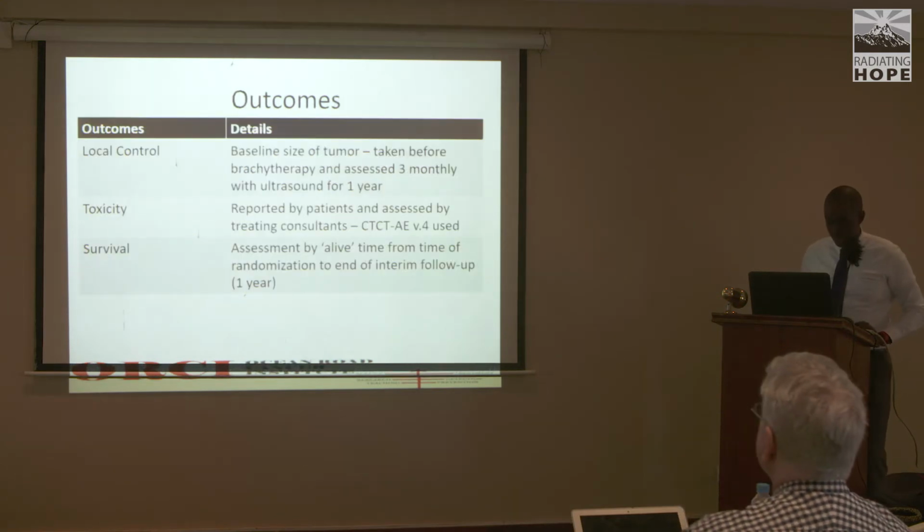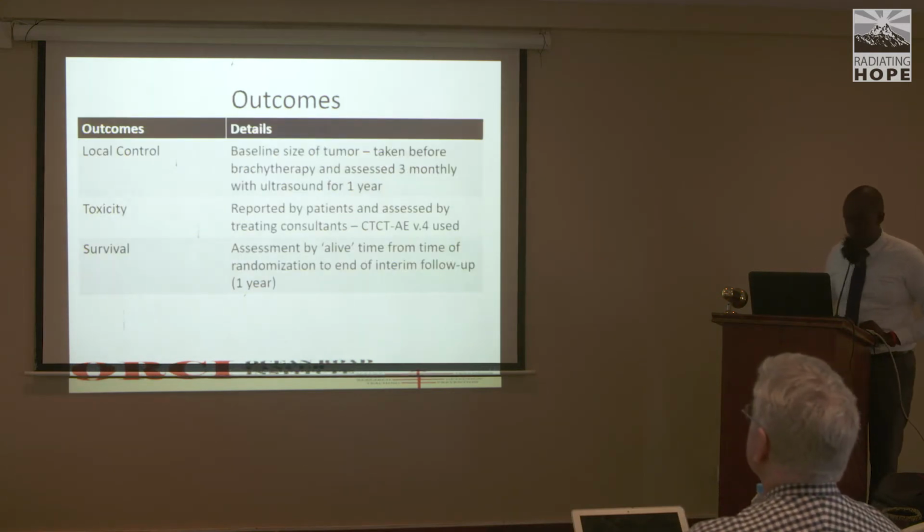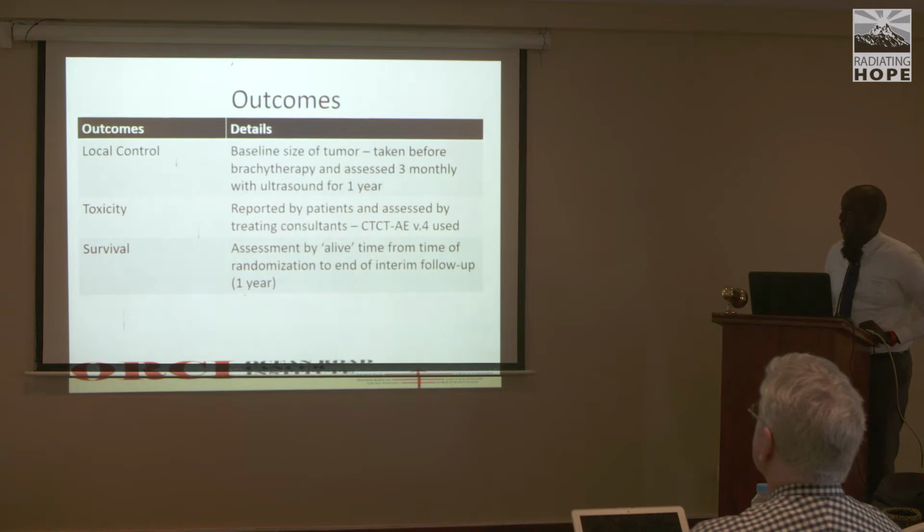So our outcomes of interest were local control, toxicity, and survival. One bigger limitation that you can already see is that for local control at baseline and 3-month follow-up, we only had ultrasound, where the objectivity is really, really limited.